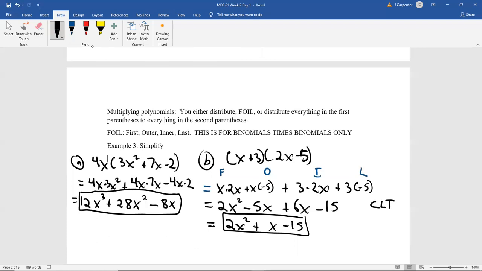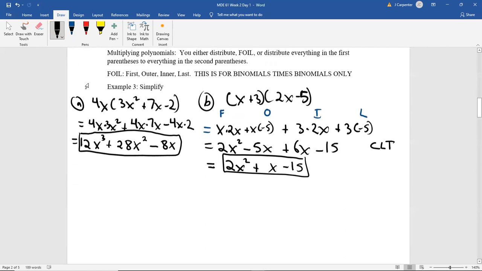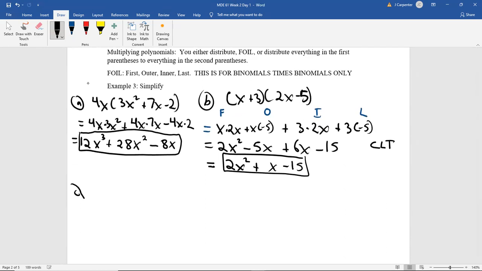I'm going to give 2 of these to y'all to try in about 4 minutes, something like that, roughly. Let's go with 2x minus 6 and 3x plus 8.